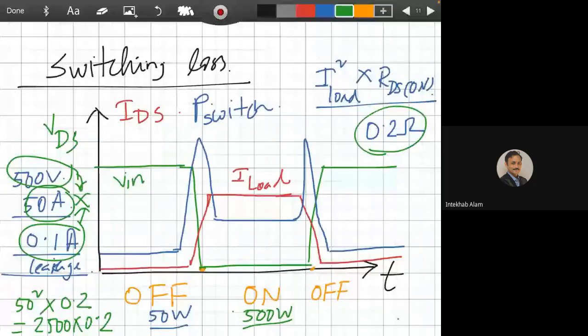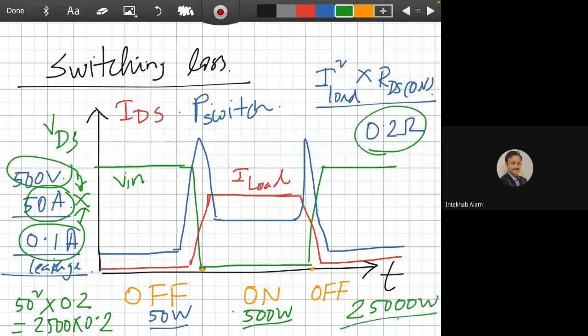So you may think that, wow, it's a huge loss. But if you consider the total load, it is actually 25,000 watt. So if you divide 550 by 25,000, what will be the percentage of switch loss? Could you please do it for me? 550 divided by 25,000, what is the value?